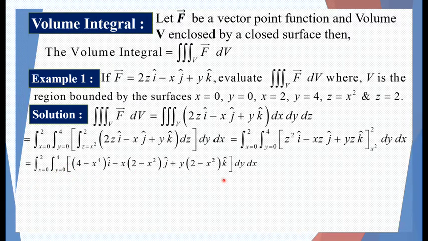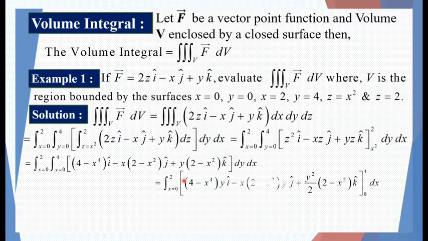In the next integral we will integrate with respect to y. On integrating with respect to y, 4 minus x raised to power 4 is the constant, so y will come here, same as x into 2 minus x square is also the constant. The integral of constant is y, and 2 minus x square is the constant, and the integral of y is y square by 2 under the limit 0 to 4 dx.